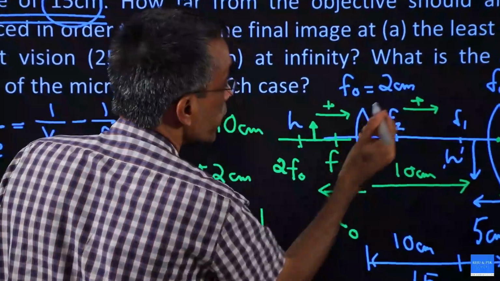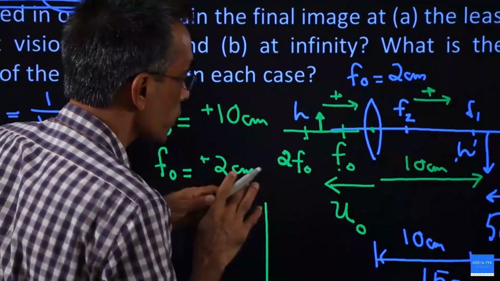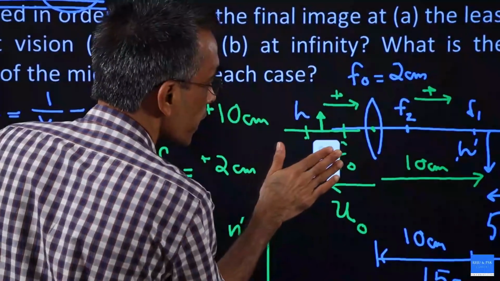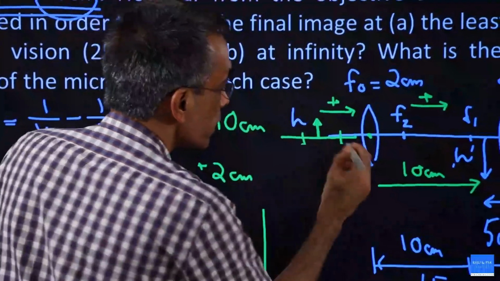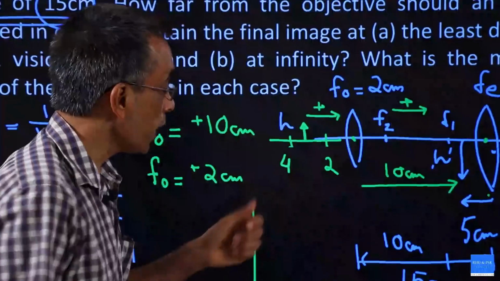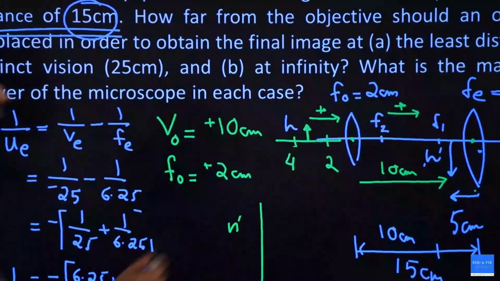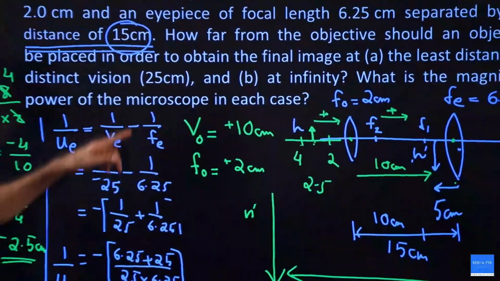I think I should erase this a bit so that you can understand. This is 2 centimeter and this is 4 centimeter. That's f and 2f, and your value is 2.5. So you are exactly here, 2.5. This is 2.5 negative. So we got the answer for the first question.